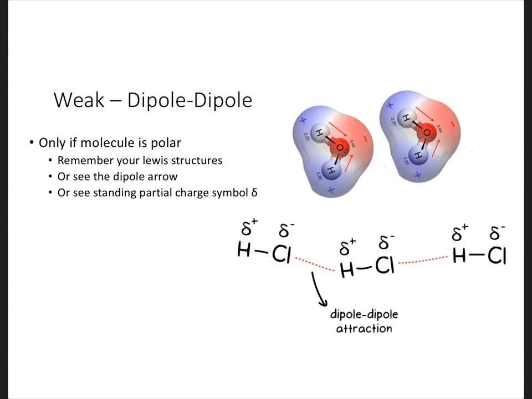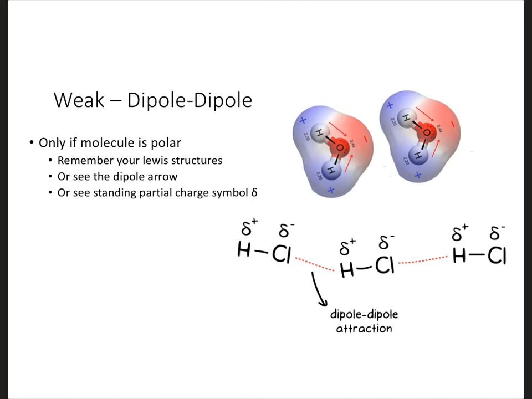So if we have a polar molecule, not a polar bond, but a polar molecule, then they have that standing dipole. They're just waiting to bump into something else that already has a dipole. And so if you don't have to wait for a dipole to be induced, if this is always on, then the attraction is just a little bit stronger.